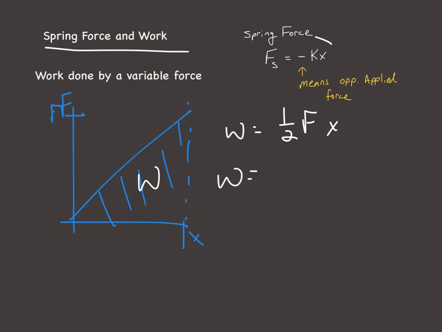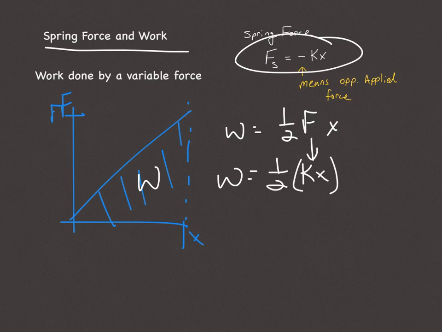But the spring force is k times x at any point. So we get 1/2 kx, which is the force, substituting in from this equation, times x, where we get the work equation for a spring is 1/2 kx squared, which we've already been given.